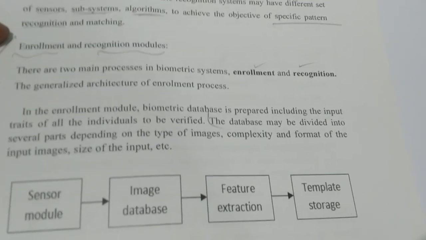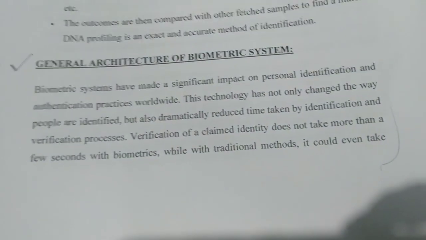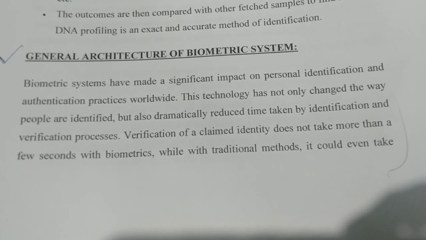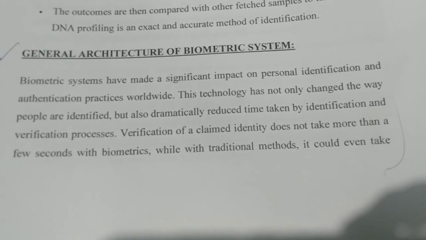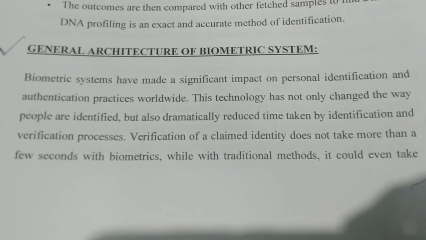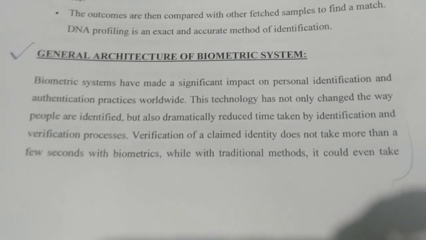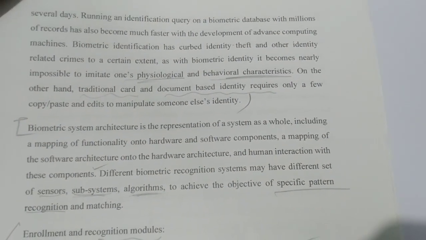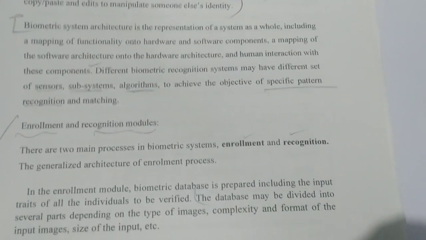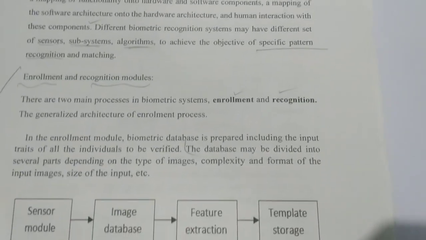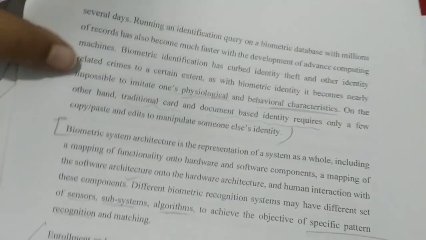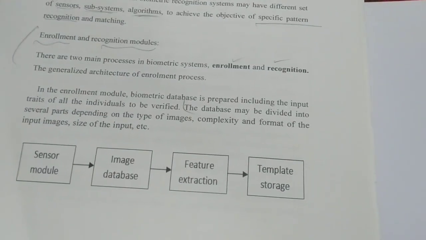Let's see the definition. This one is the definition. So basically it is made for significant impact of personal identification and for authentication practice worldwide. You can write the definition in your exam just by understanding and learning, and draw this diagram.